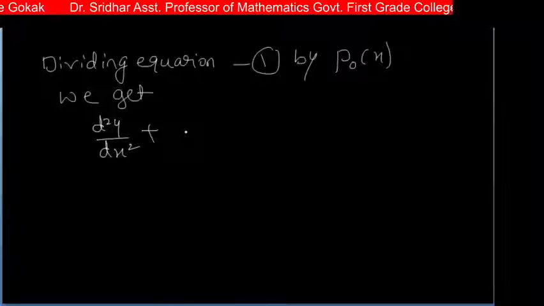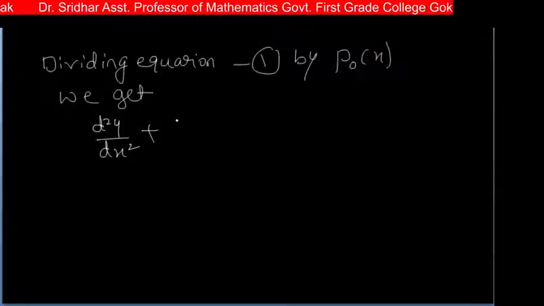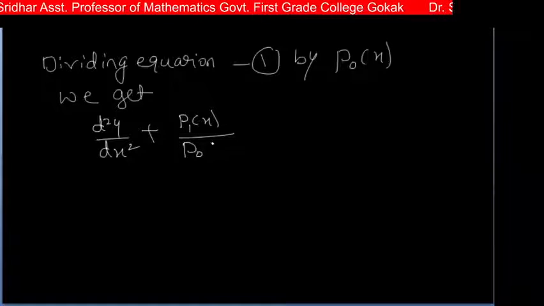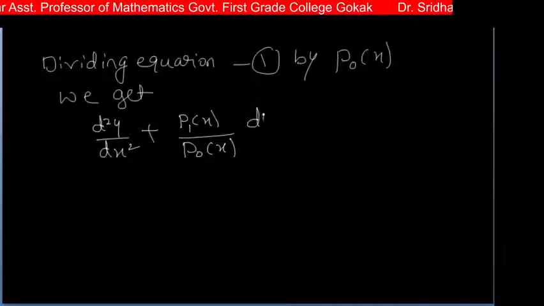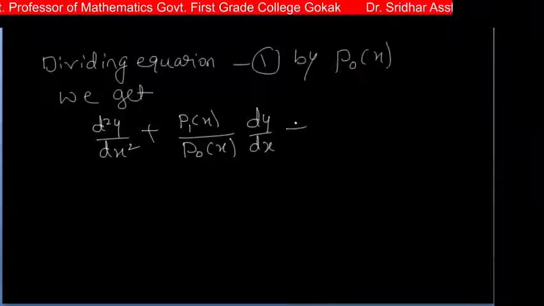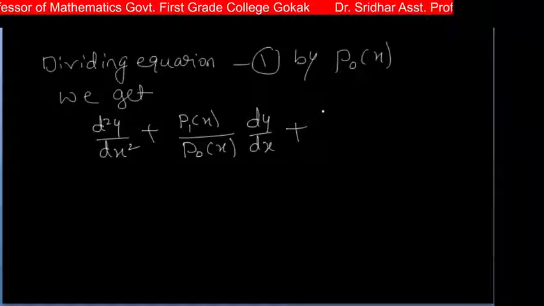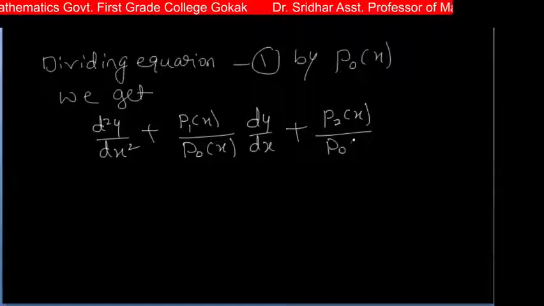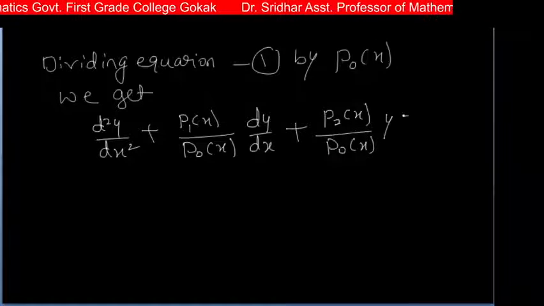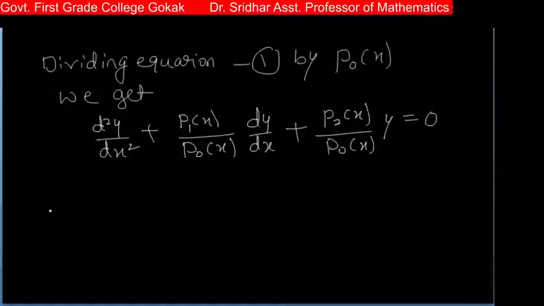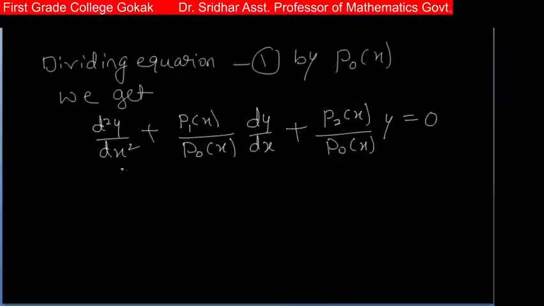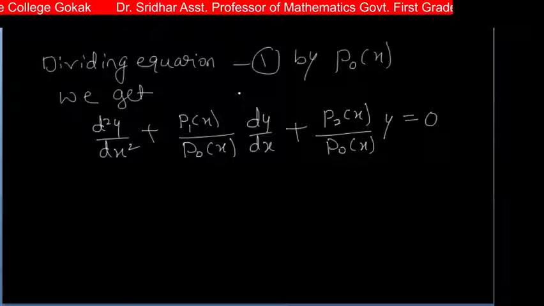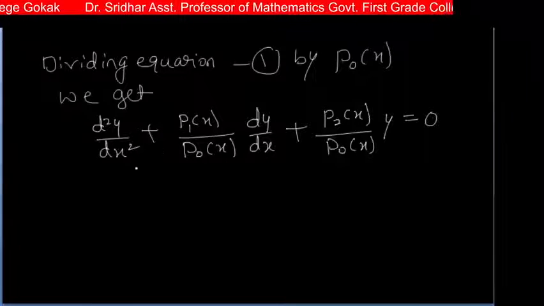In the second we have P1 of x, so it is P1 of x divided by P0 of x dy by dx plus third one P2 of x divided by P0 of x into y equal to 0. So thus dividing the equation 1 by P0 of x, we get this equation.